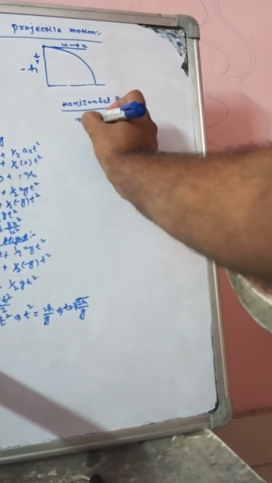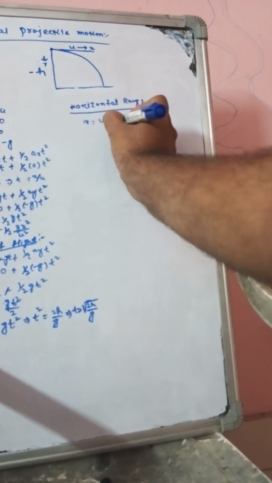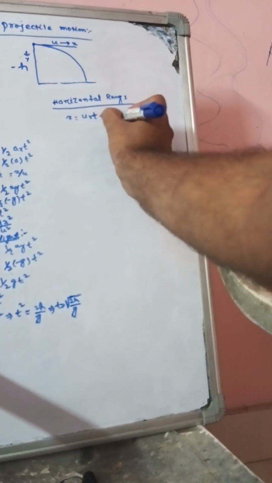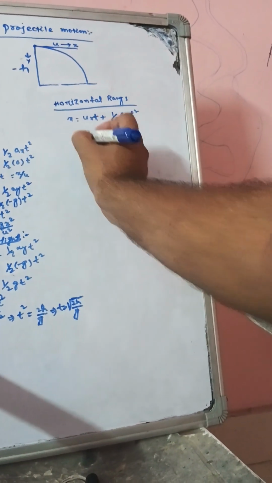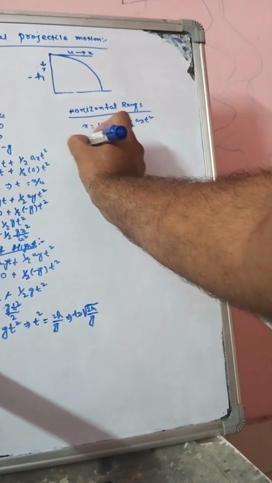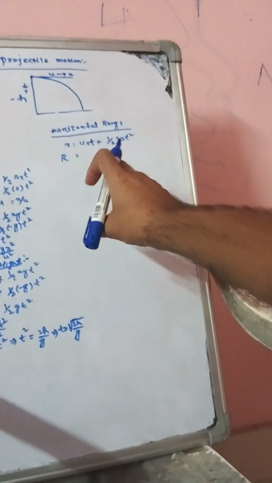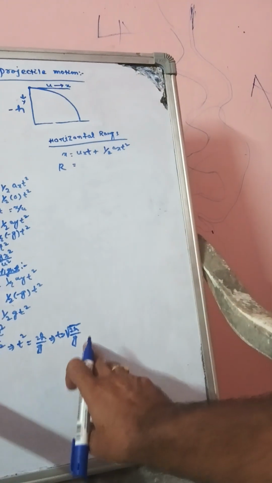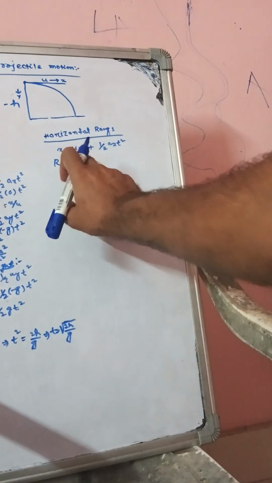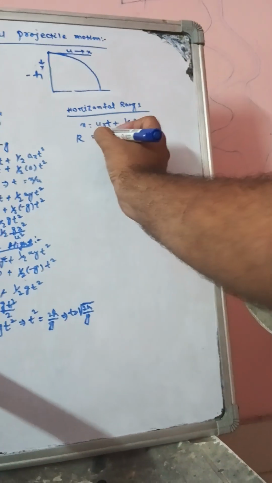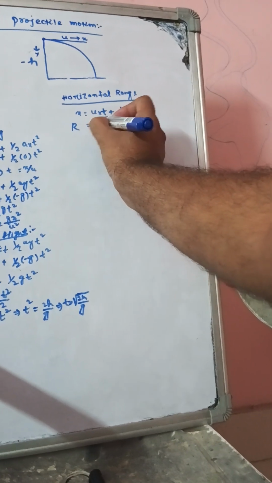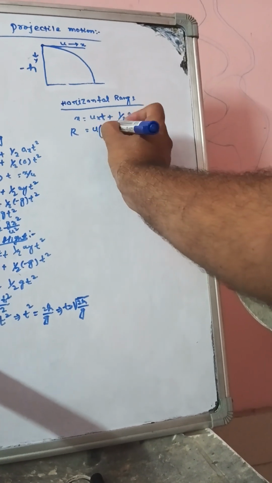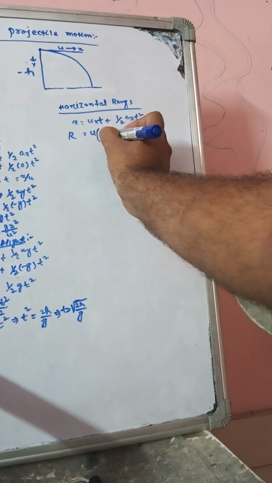X is equal to uxt plus half ax t square. R is equal to, we put the value of t, which is square root of 2h by g, and ux is equal to u.